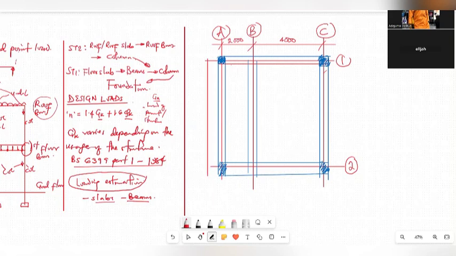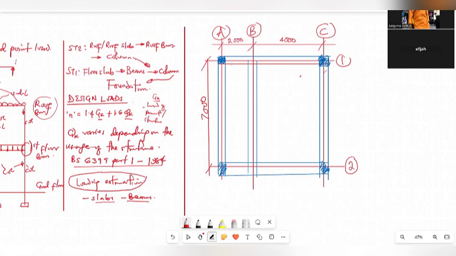Now, I hope you have heard about a one-way slab, a two-way slab, stuff like that. Have you? Yes. Let's now test that.